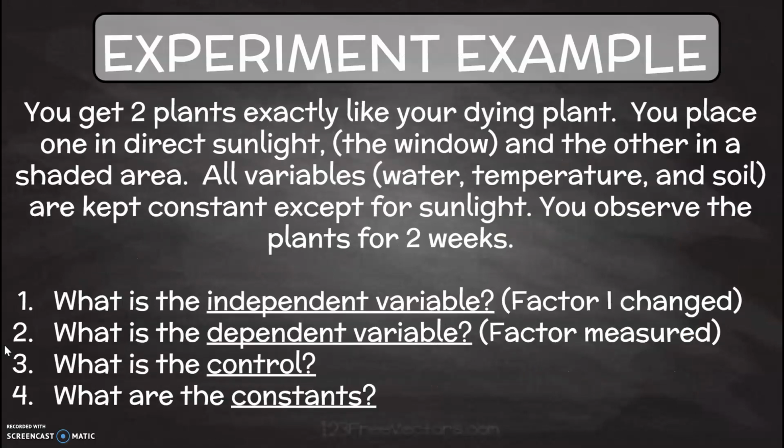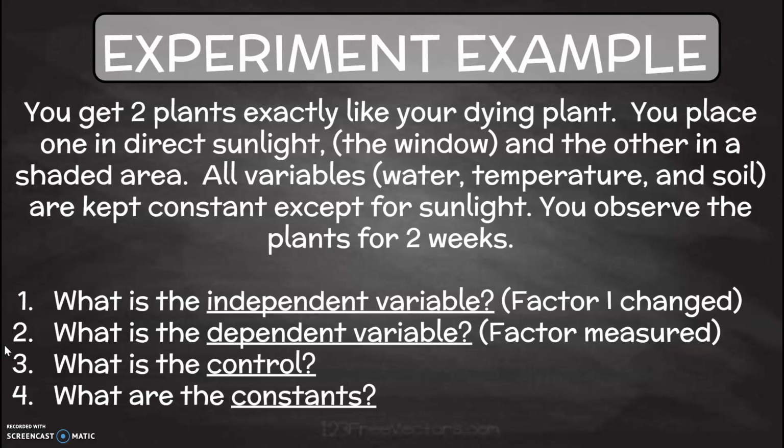So, for example, if I am trying to test or have an experiment on my question, why is my plant dying, I can get two plants exactly like my dying plant. I can place one in the direct sunlight and the other in a shaded area. With doing that, I want to make sure that I'm only changing one thing.